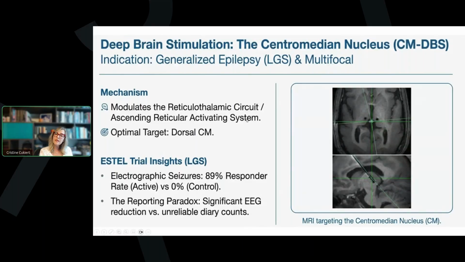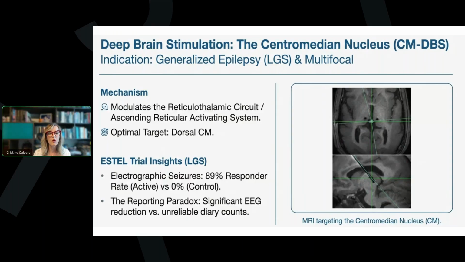It is very interesting that in some of these patients we see a much better attention improvement with this targeting of the reticular activating system.